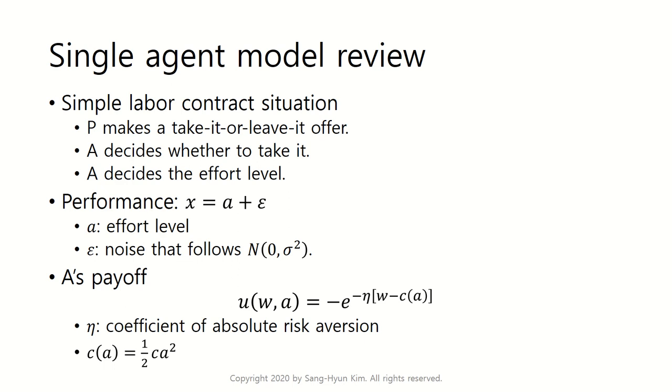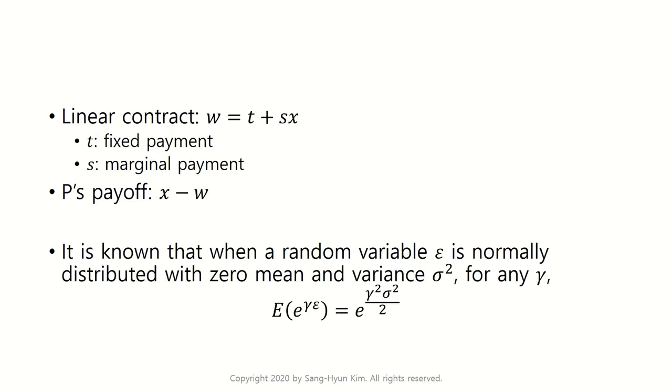The performance measure is X, which is the sum of effort and noise, epsilon, and noise follows a normal distribution. The agent's utility function is a CARA utility function, so the agent is risk averse, and the cost function at the bottom is a quadratic function.